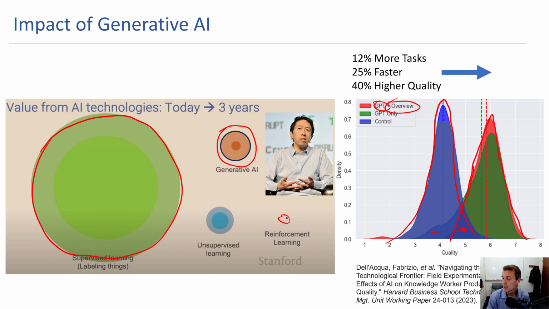And this was 700 and something knowledge workers in a related field, but they found that 12% more tasks were completed, 25% faster, and 40% higher quality. And so what can we do to use this as a tool to augment worker performance, especially in process systems engineering? I'll give some examples about how that might be possible.